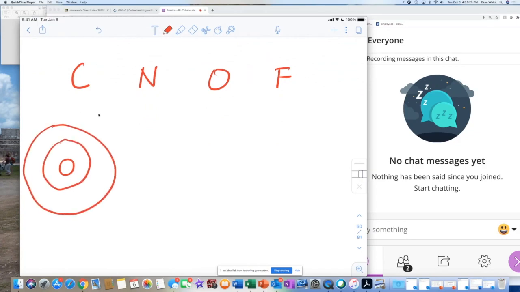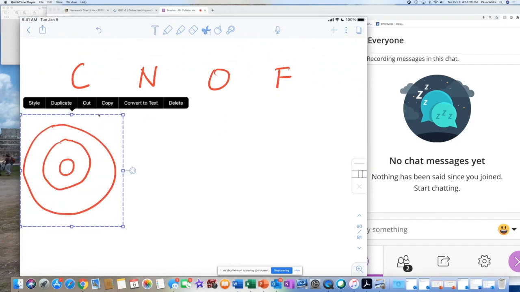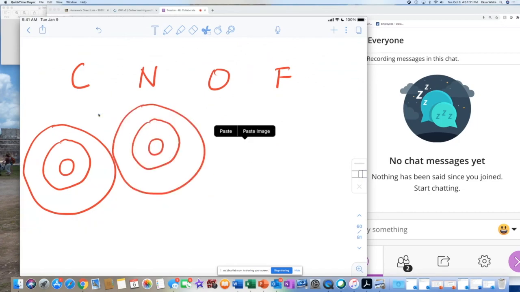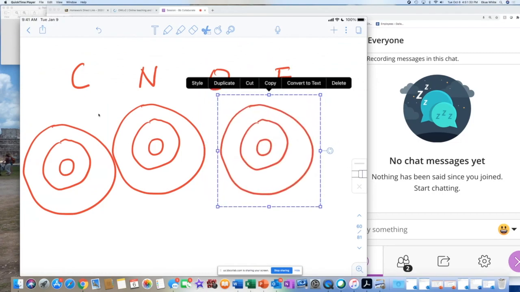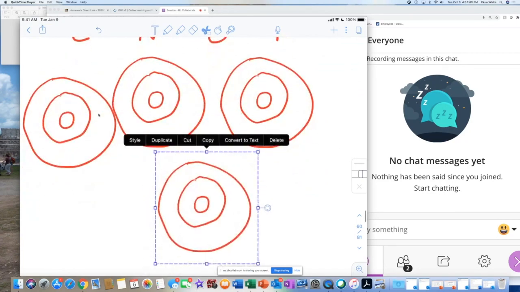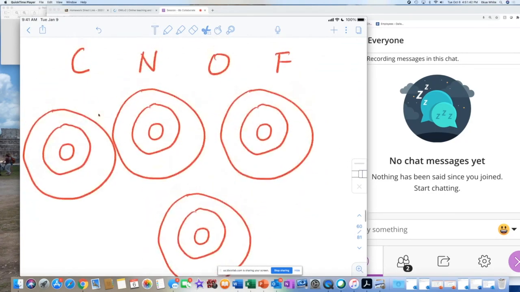Okay, this will be my Bohr model. I'm going to copy this and paste it on all 4. I should make this a little smaller. And then paste. Okay, this is probably not the best picture, but you get the idea. So this is carbon, nitrogen, oxygen, fluorine. So carbon has how many electrons?